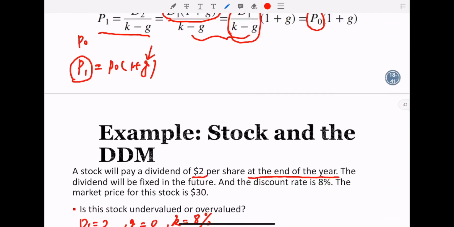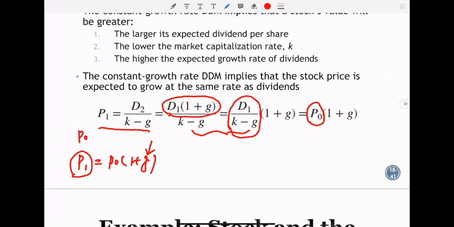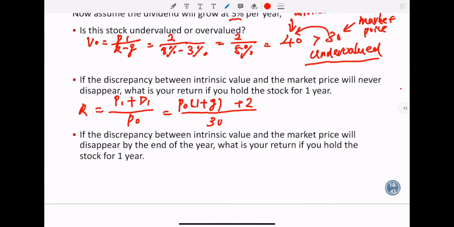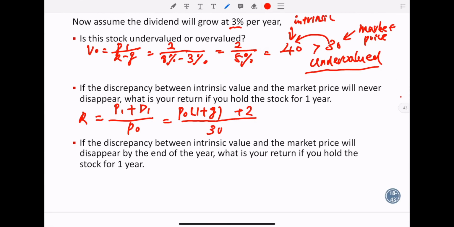Well, we just learned about this, right? P1 equals P0 times 1 plus g, which is the growth rate. So this implies we will use $30 times 1 plus 3%, plus 2, divided by 30. Oh, I forgot, to calculate return, we have to minus 1, right?